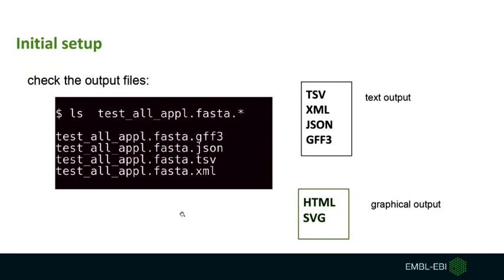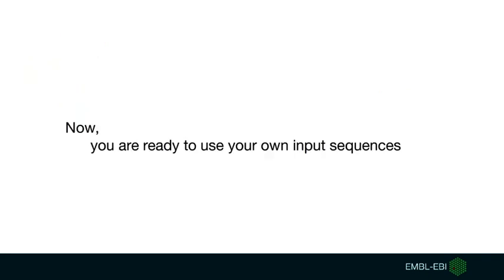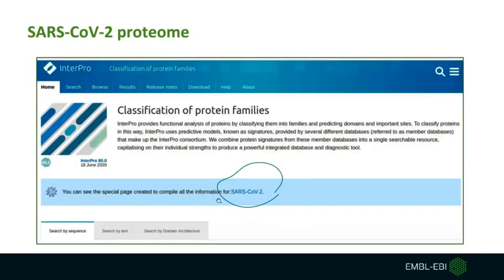Okay, so if the test sequence run was okay, then you can now use your own sequences to run InterProScan. What I did was try to get a proteome from our website.